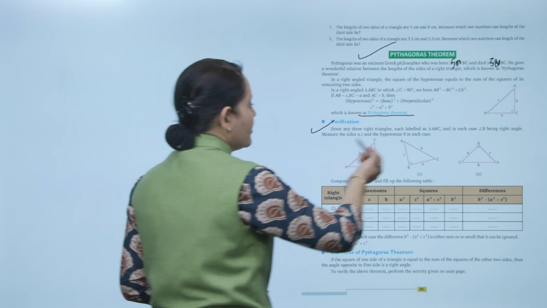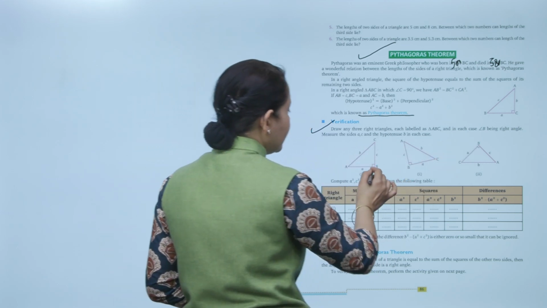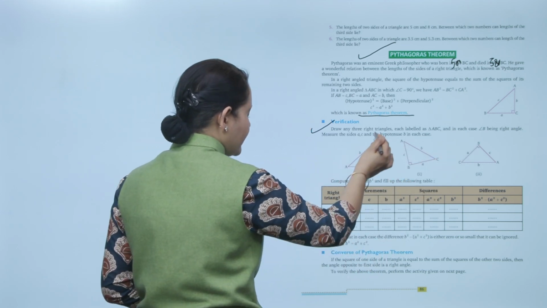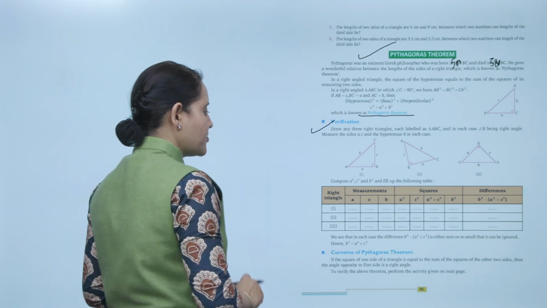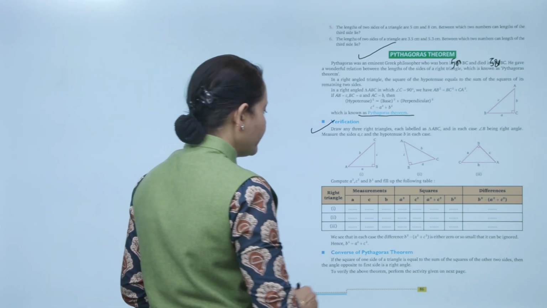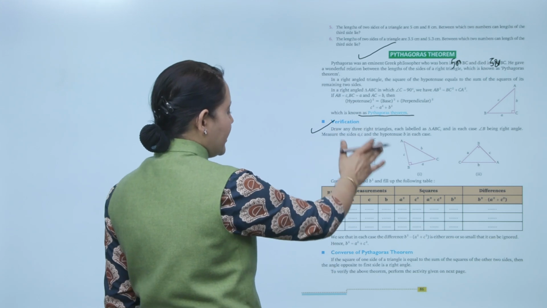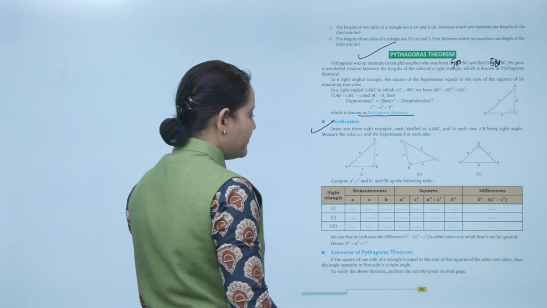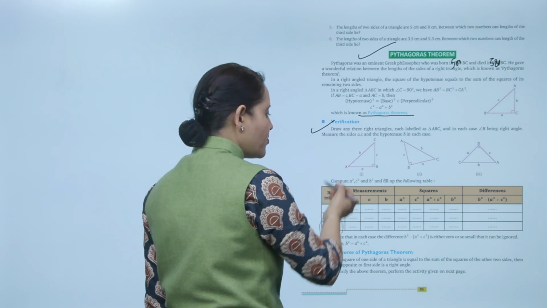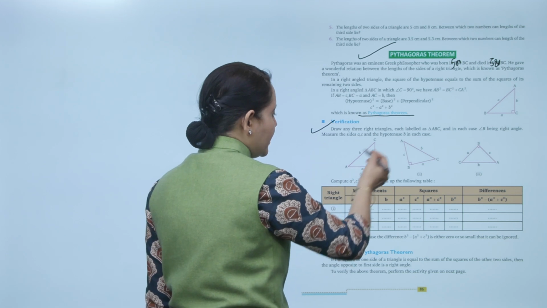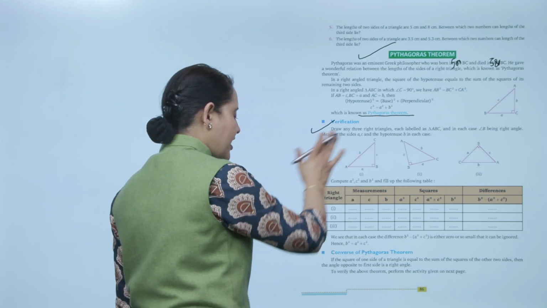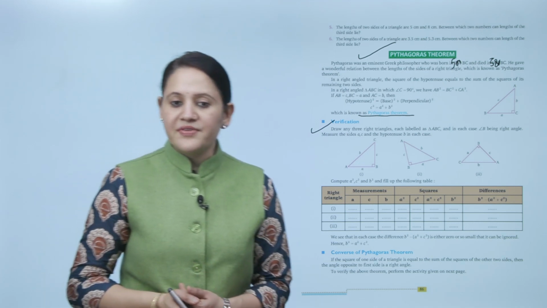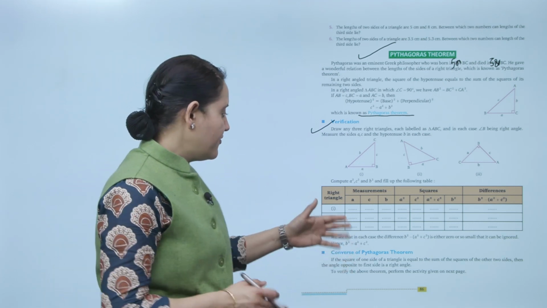Here, triangle ABC, B is the right angle, means in the first case, AC is the hypotenuse, that is b square. So, first we will write any measurement for these given sides. Here, b square will be equal to a square plus c square. So, first we will write the measurements of the different sides and then fill the table.